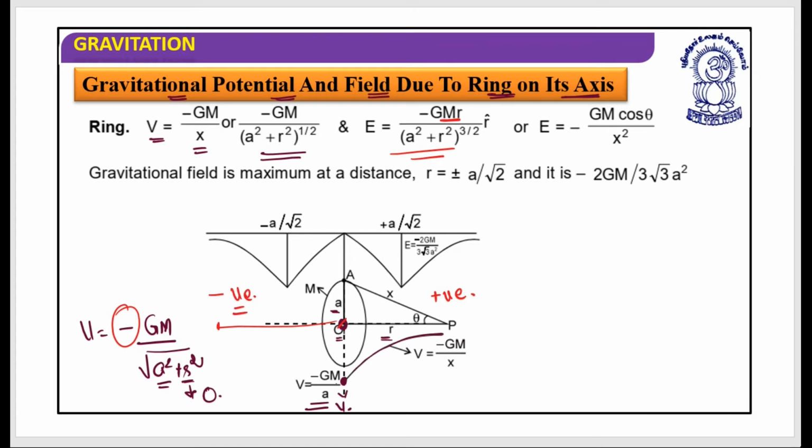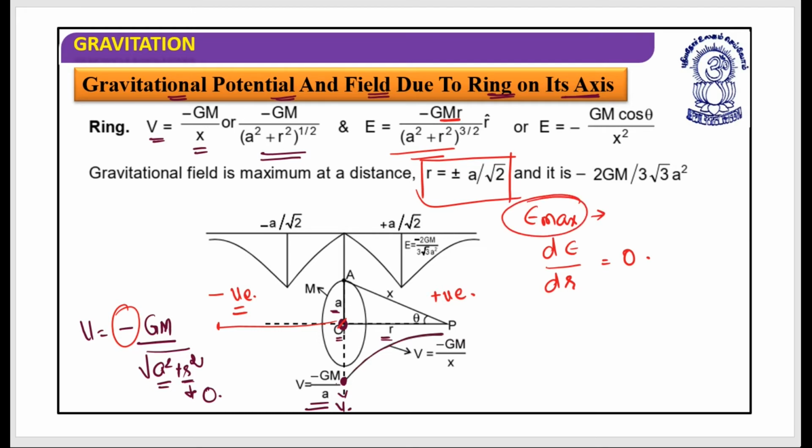And one more very important result: if I want E max, then dE by dr equals 0. Then I will find that at a location plus or minus a by root 2, please do remember this, I am going to have the gravitational field as a maximum.